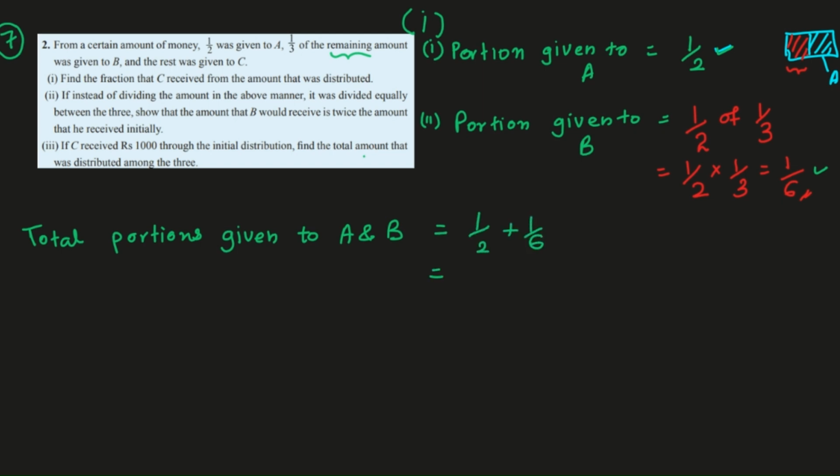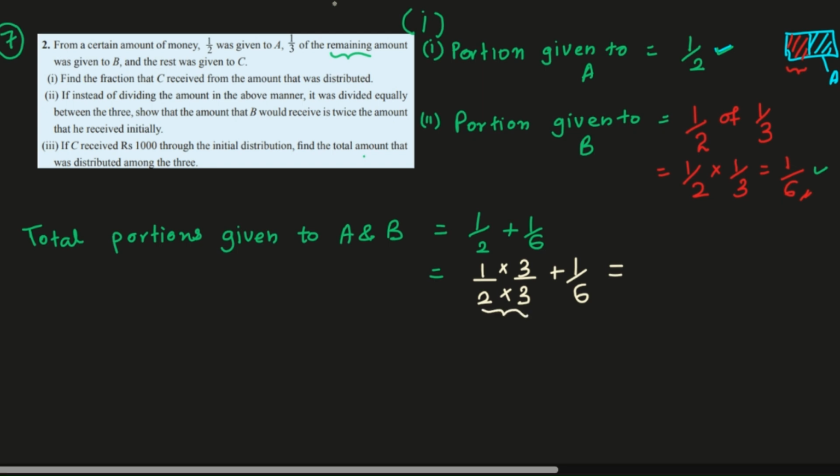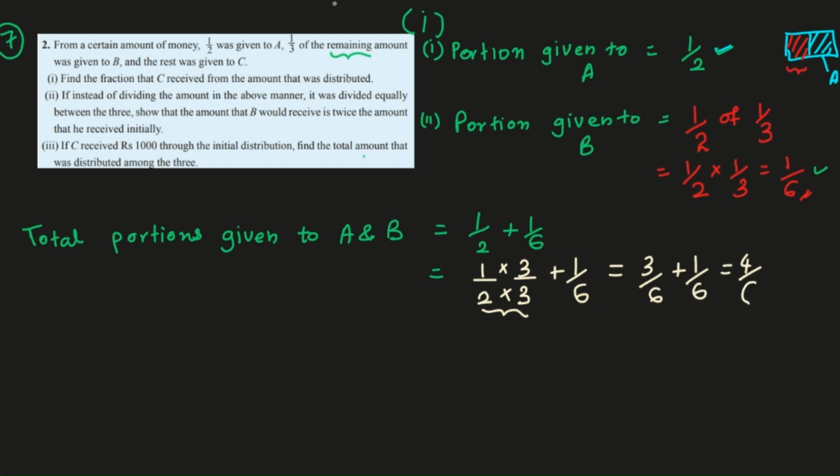So you know that half can be converted into 6. This 2 can be converted into 6 by multiplying both the numerator and the denominator by 3. So here, if I write the answer, you know that it's 3 upon 6 plus 1 upon 6. The answer will be 4 upon 6. So total portions given to A and B will be 4 upon 6.